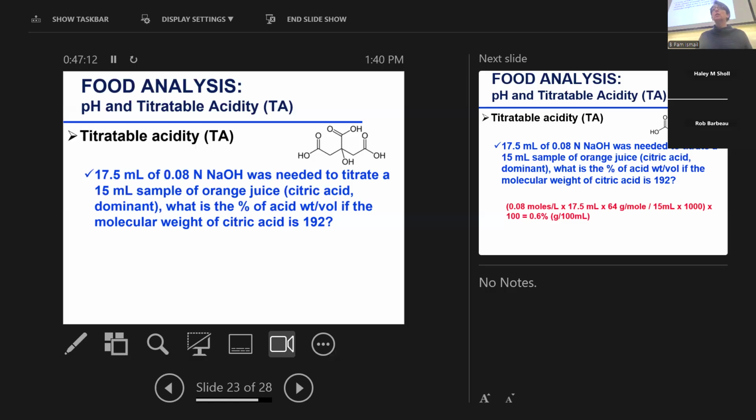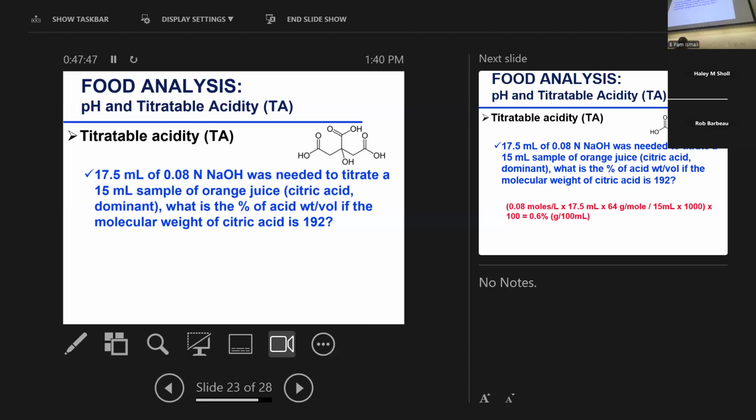What did you get? 0.6, yes, thank you. So all you need to remember is your equivalent weight: when you have an acid with more than 1 carboxyl group, more than 1 hydrogen, you want to account for that. Acetic acid is divided by 1. Malic acid has 2. Citric acid has 3.